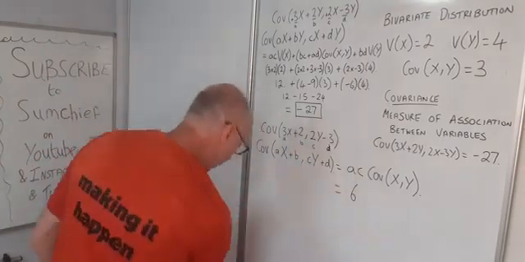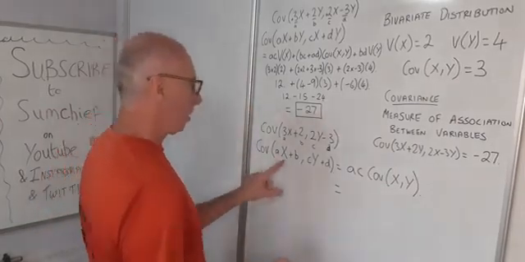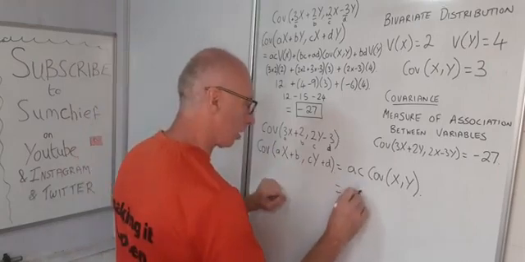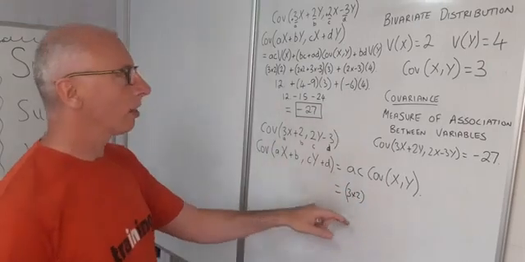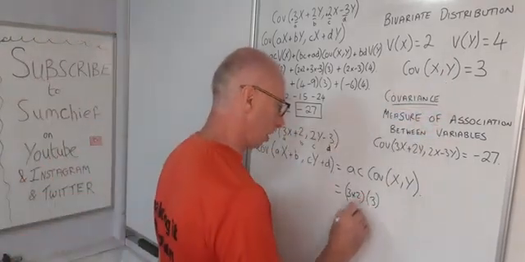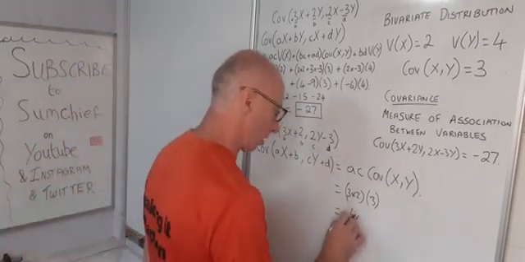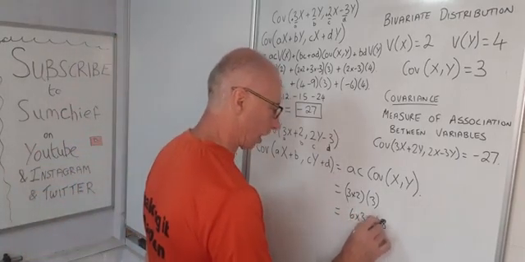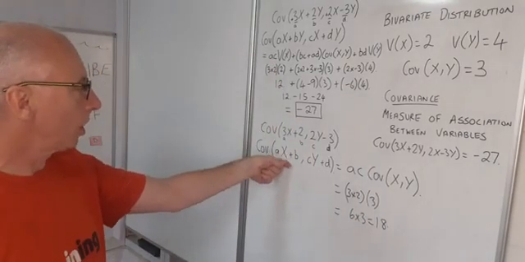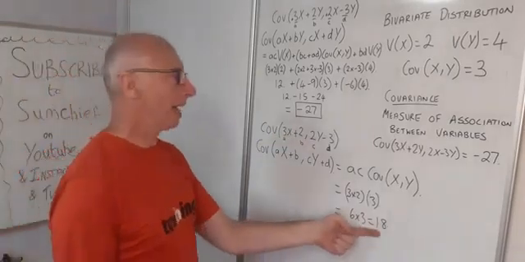I'm going to write that down as we did before so we can see it: 3 times 2, that's a times c, and then the covariance of xy, which is given here as 3. So that equals 6 times 3, which equals 18.